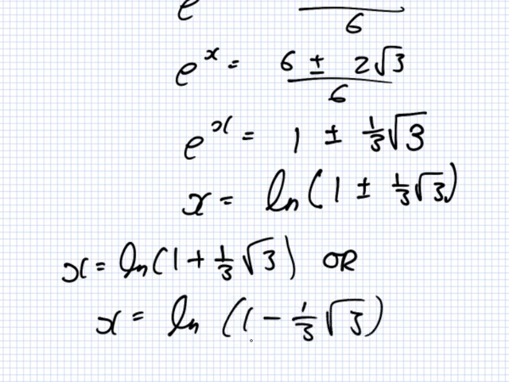Can someone just tell me what 1 minus 1 over root 3 is? This might be about 0.5. It's a positive. Good, okay. So both answers are fine here.